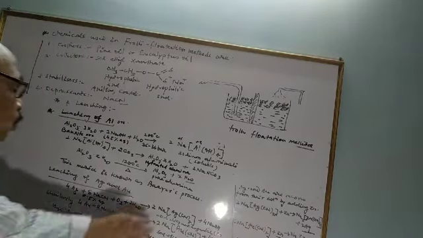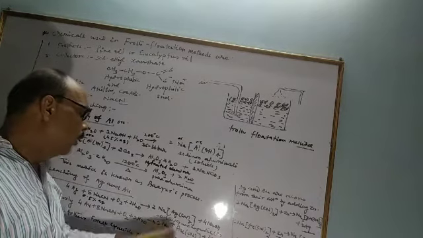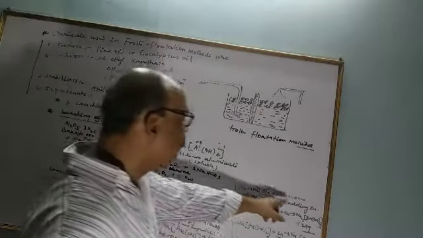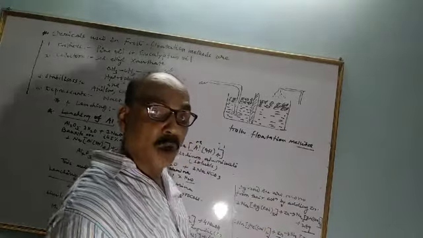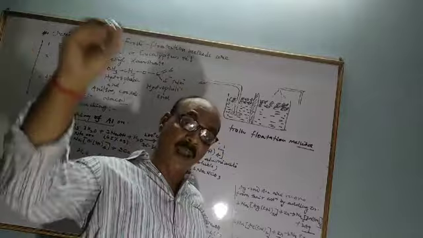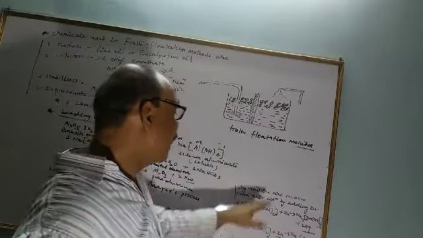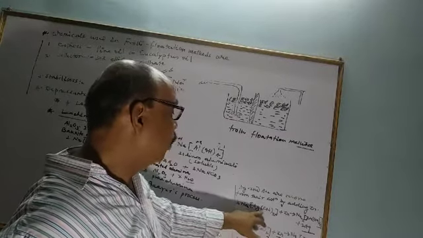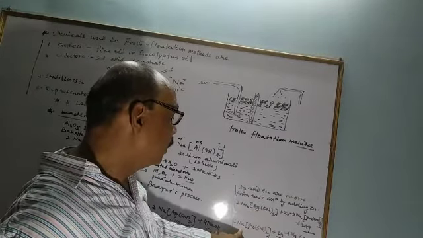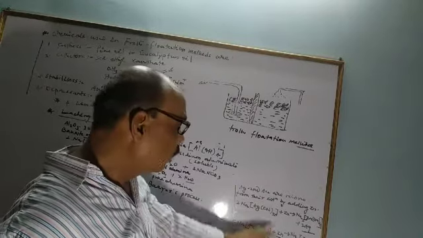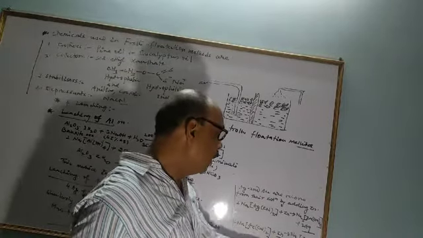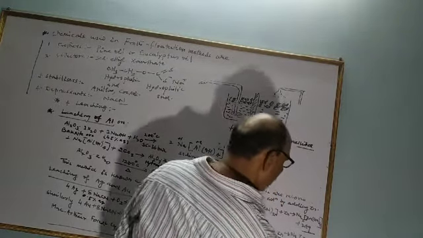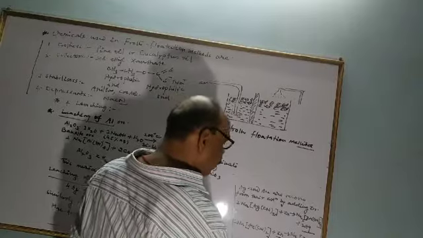How to recover the silver and gold from the solution? It is done by adding zinc. Zinc is a highly electropositive metal. When it is added to the same solution of sodium dicyanoargentate(I) or sodium dicyanoaurate(I), what do we get? We get silver and gold respectively. Here zinc acts as a reducing agent.